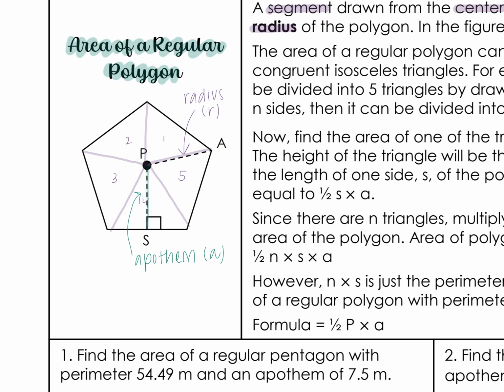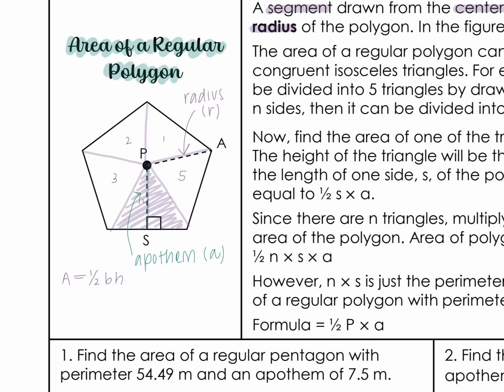So keep in mind, and I'm going to read through the rest of this without going back and forth, to find the area of a triangle. So for example here, I can look at this triangle and find its area by taking 1/2 of my base times my height, since it is a triangle.